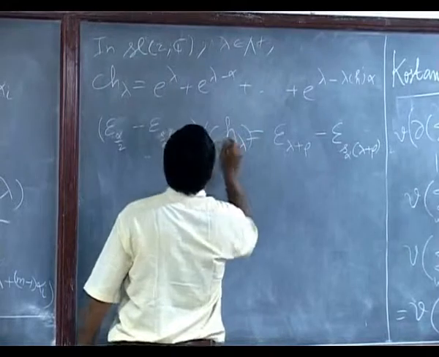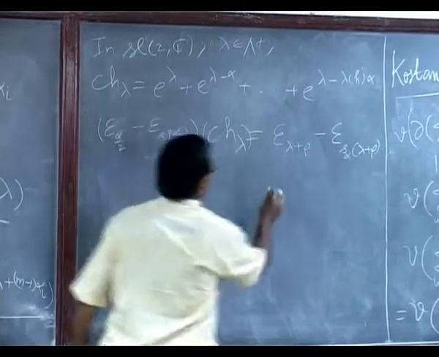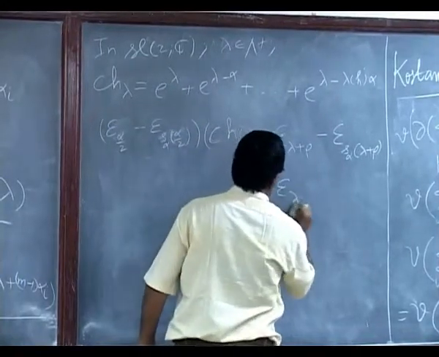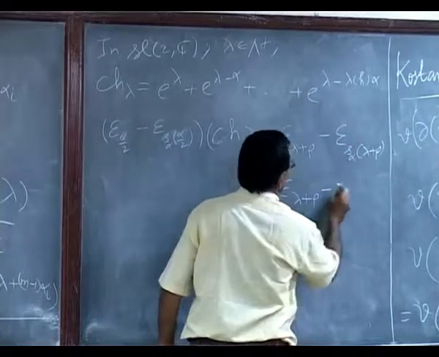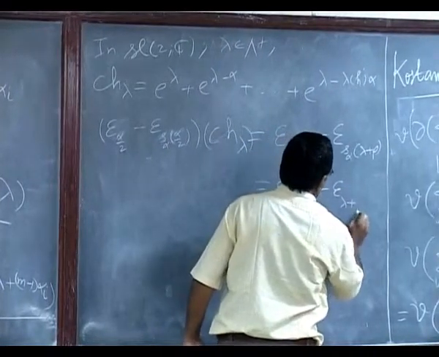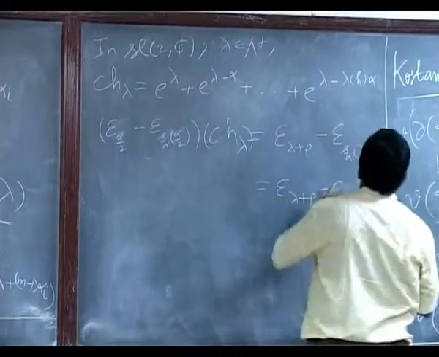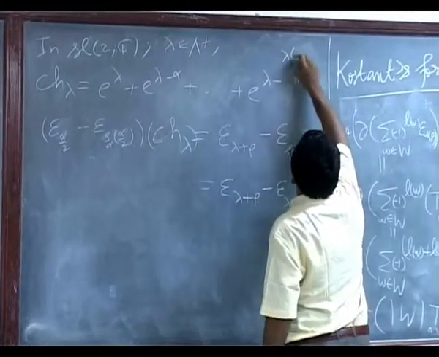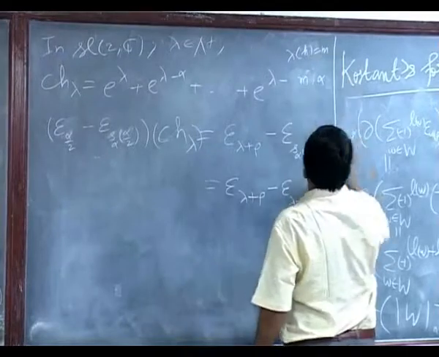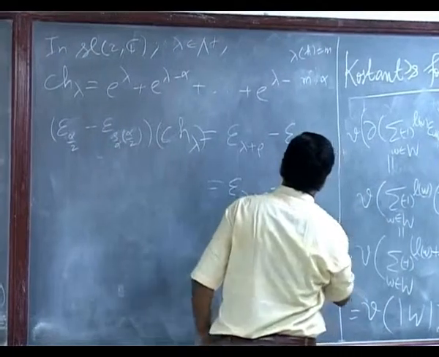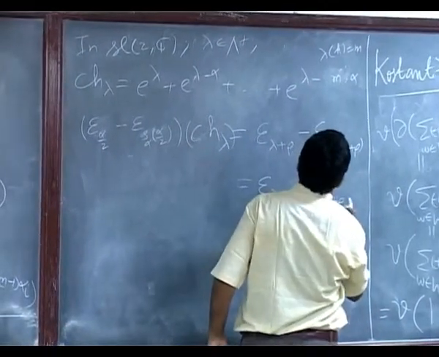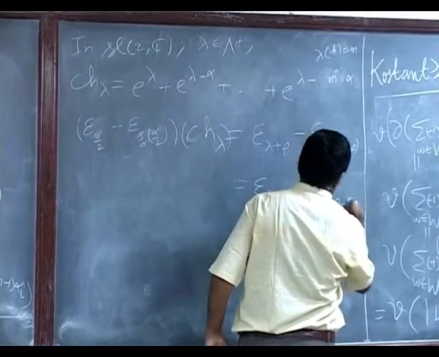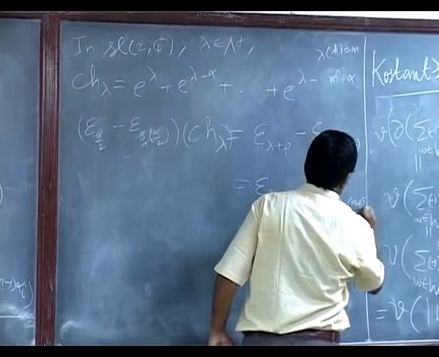This is what we want, and this side what we have is e^{lambda plus rho} minus e^{minus (lambda plus rho)}. Call lambda of h equal to m, so this is m plus 1, so minus (m plus 1) alpha.